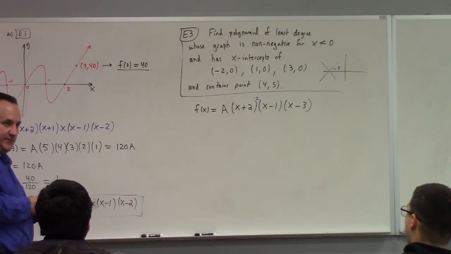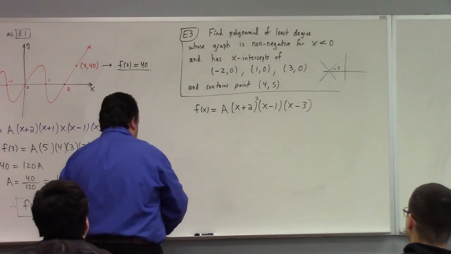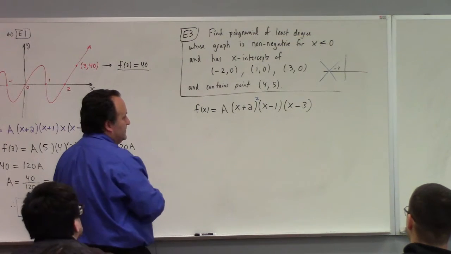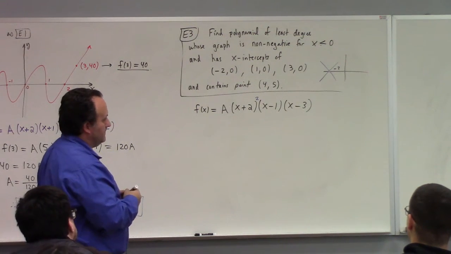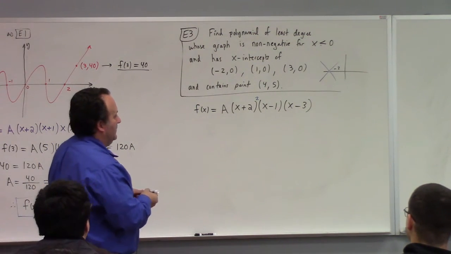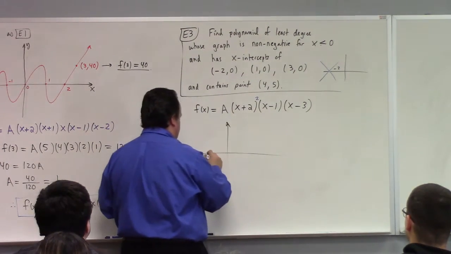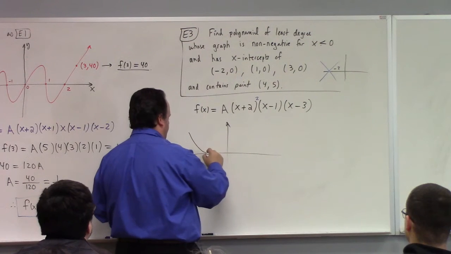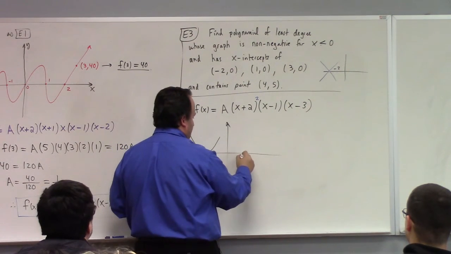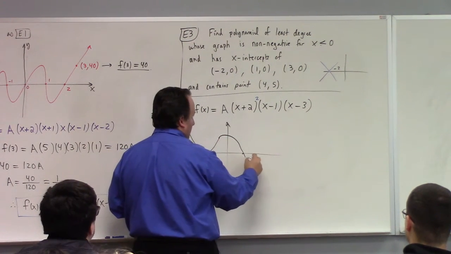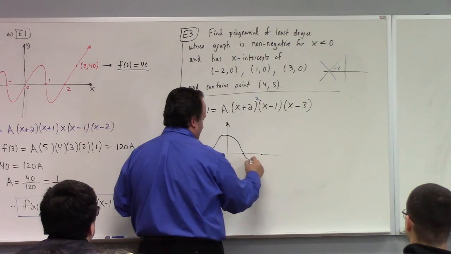I think we're going to be able to do it with that. All right, let's see if it works out. So what else do we know? This would have a graph that looks something like what? It bounces at -2, and then it crosses at 1, and then it crosses at 3.